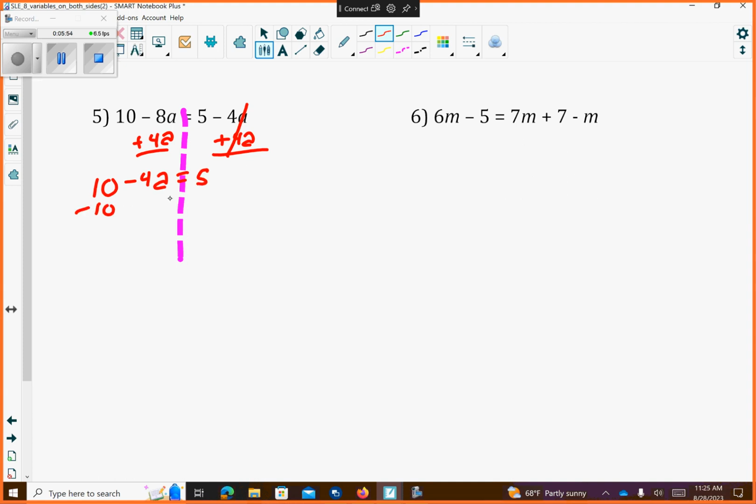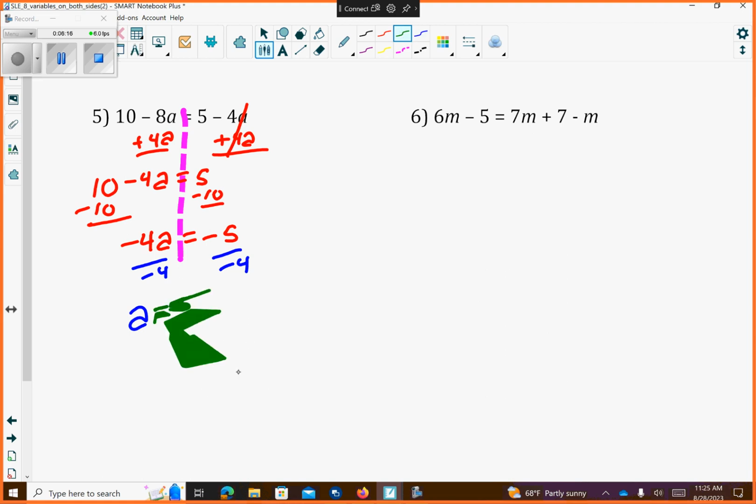Subtract 10, subtract 10. Negative 4a is equal to negative 5. Divide by negative 4. Negative over negative is positive, and I would just leave the answer as 5 over 4.